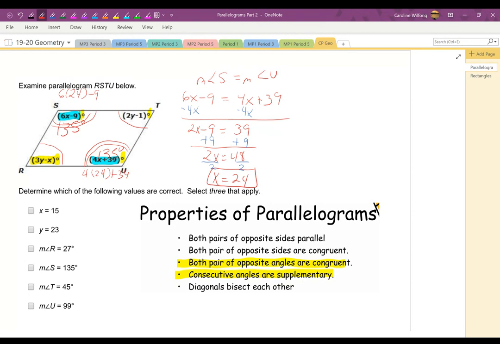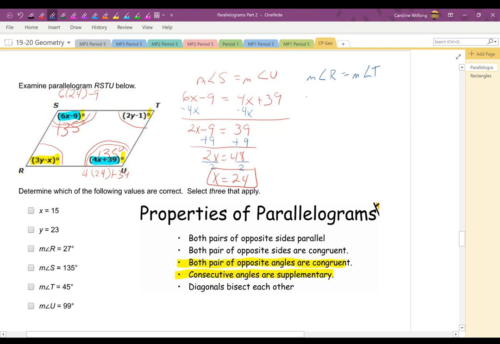So I'm going to go with the measure of angle R equals the measure of angle T. And once again, I said you could also add the measure of angle U plus the measure of angle T together, or the measure of angle S plus the measure of angle T, and set either of those equal to 180 to figure out what y is. It's your choice. But I'm going to go with angle R equals angle T.